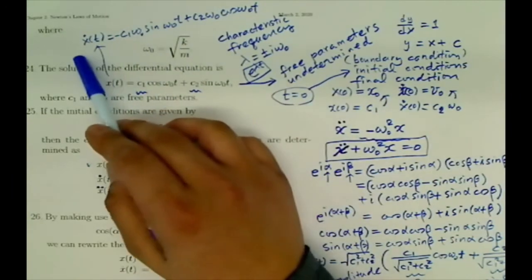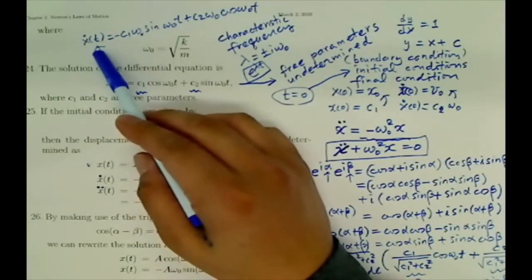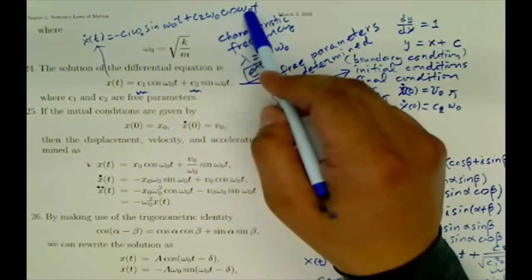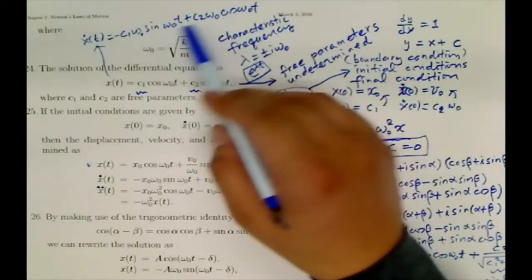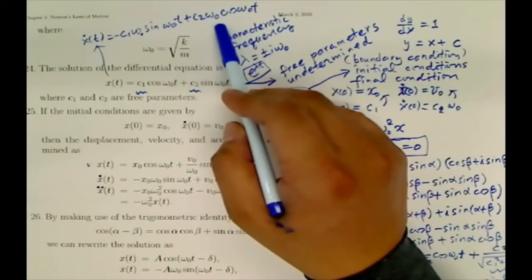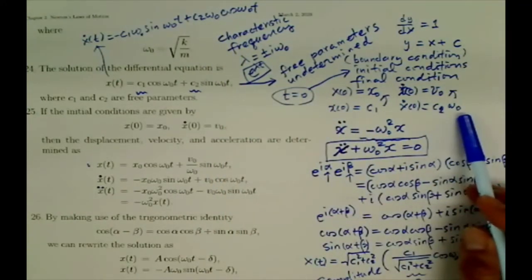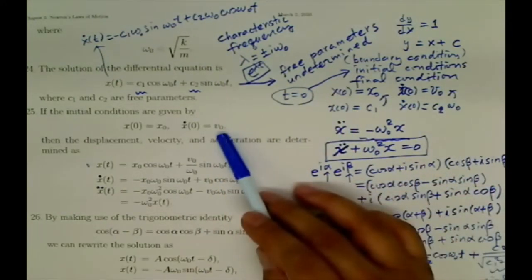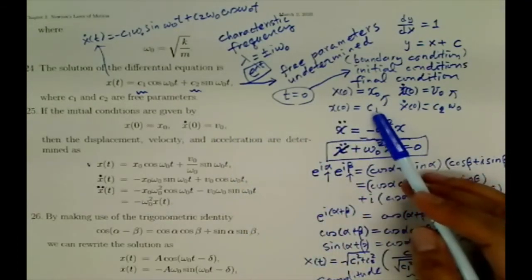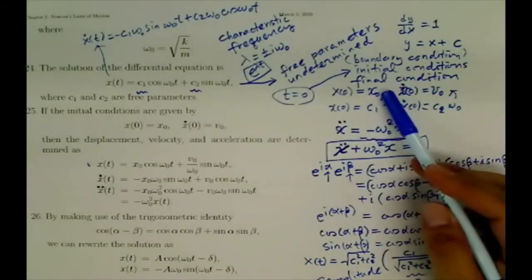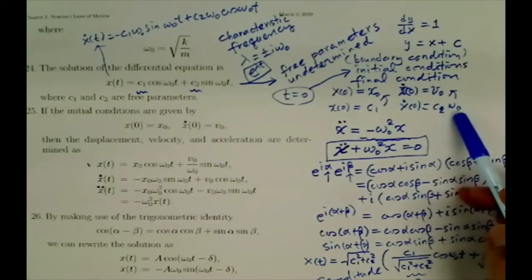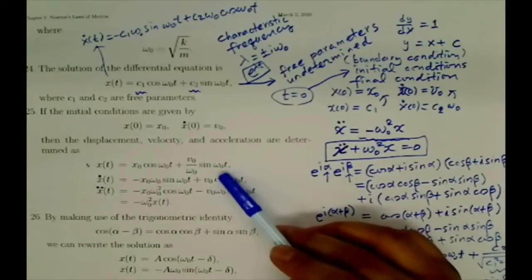If I substitute t equals 0 into the velocity expression, then sine becomes 0 and cosine becomes 1. Thus, velocity at t equals 0 is C2 times omega 0, as it is here. The initial conditions can be applied to find that C1 equals x0 and C2 is v0 over omega 0. The result is written in this expression.